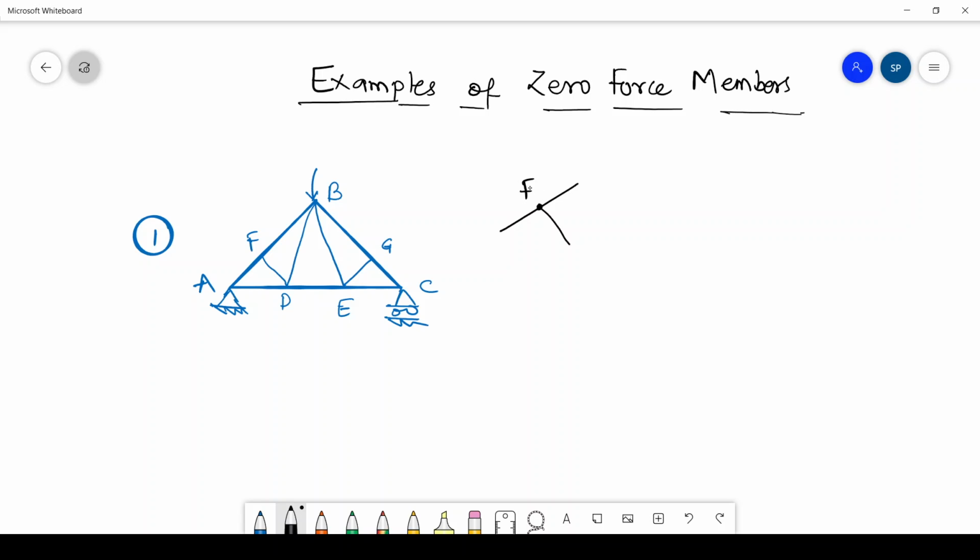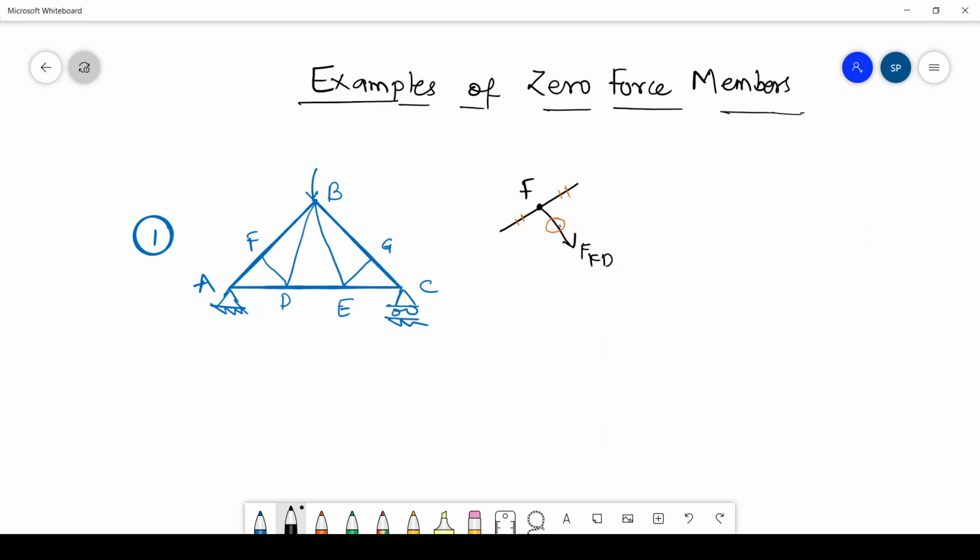In that case, these two will carry same load, whereas this member, that is member force along FD, will be zero force. So this member force F along FD will be zero.